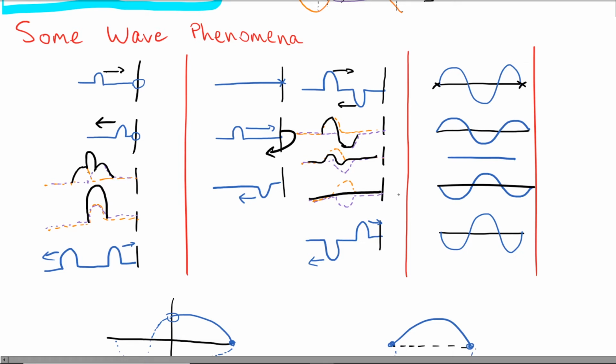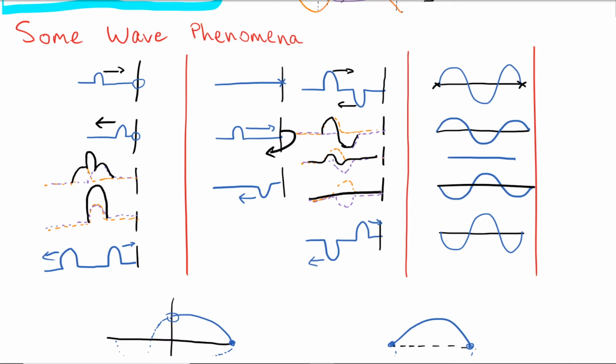And then, just like before, the waves will just continue on their way. They only interfered with each other temporarily. And by the way, this is called destructive interference, because the waves look like they destroy each other for a short period of time and the string is just still.